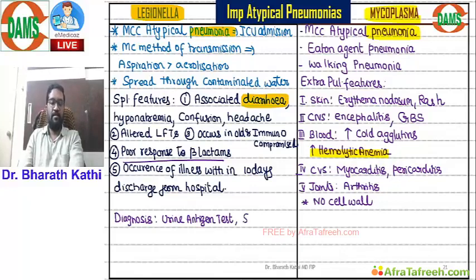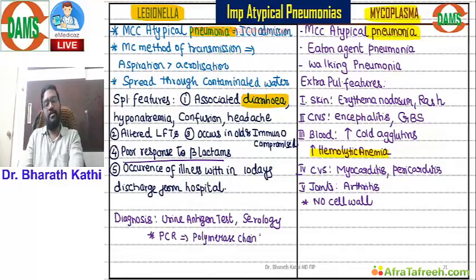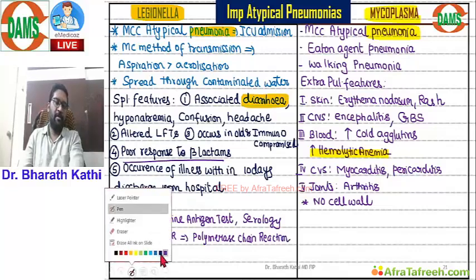Along with that, we have serological tests, which will detect the antibodies against organisms. If available, we can go for PCR, molecular test, polymerase chain reaction, which will detect the precise genetic material, and you will know whether it is Legionella or Mycoplasma.